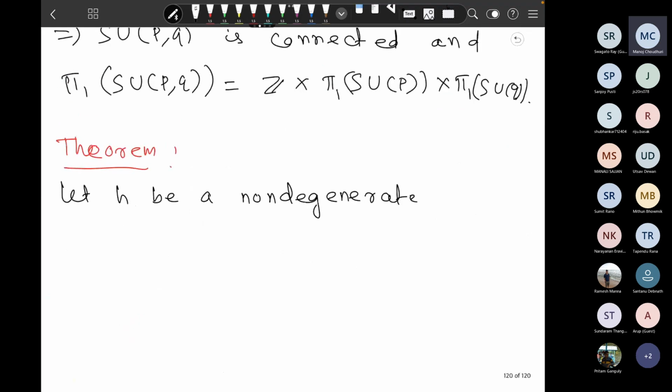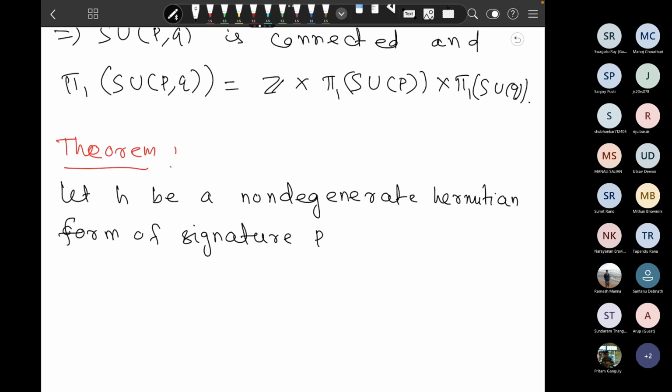Okay, let H be a non-degenerate Hermitian form of signature P comma Q on a vector space of dimension P plus Q. Actually, this is analogous to the bilinear case; you define signature P comma Q in this case also.